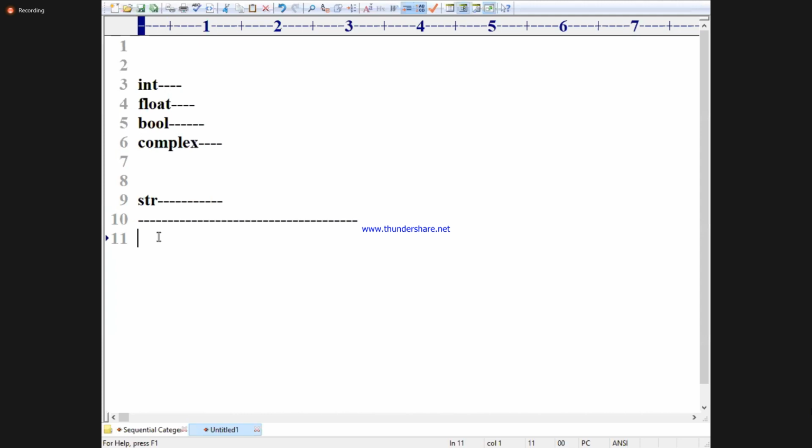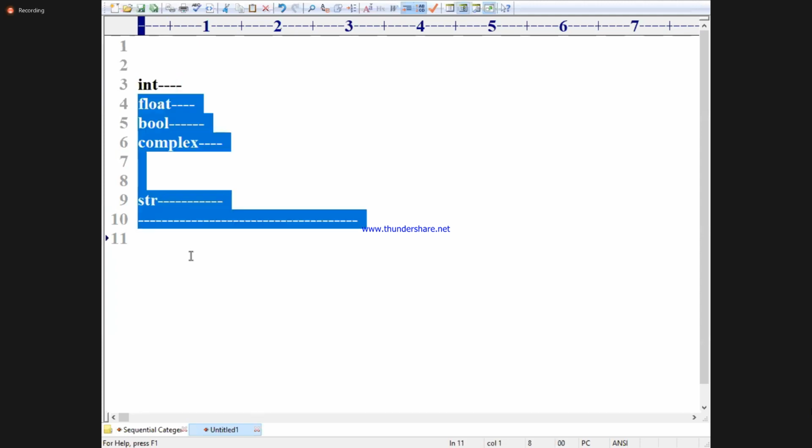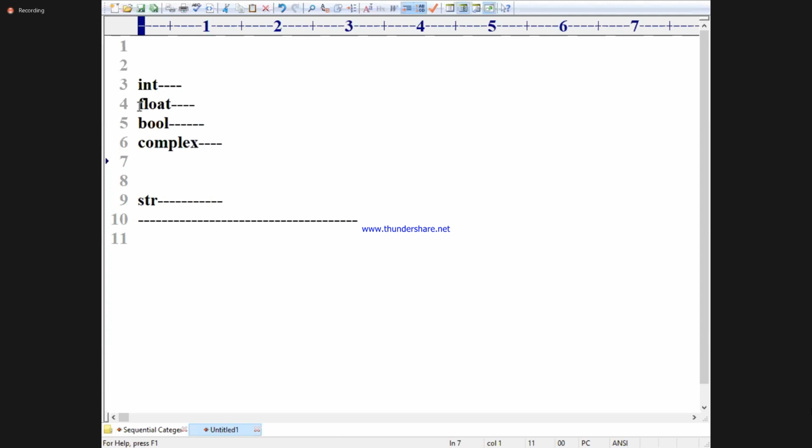Further data types are also coming, so I want to convert one int value to the rest of the 13 data types. Now a float value I want to convert into int, bool, complex and STR. Like that, a bool value converts into int, float, complex and STR. A complex value and a STR value can be converted into other types of data types. Very, very important in programming.